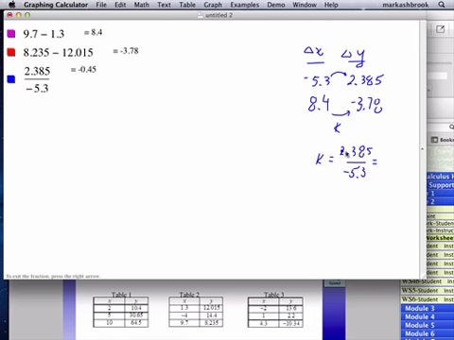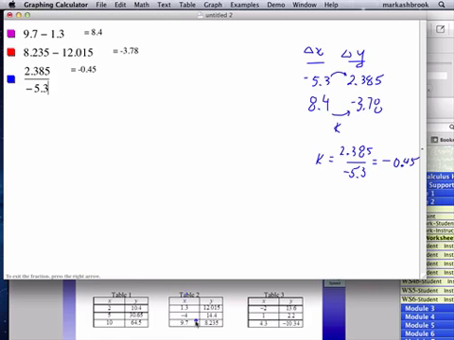Did you get negative 0.45? Do you also get negative 0.45 when you take negative 3.78 divided by 8.4? You also get that? Same thing? Yes. Okay. So, we have one more x change that we could test.